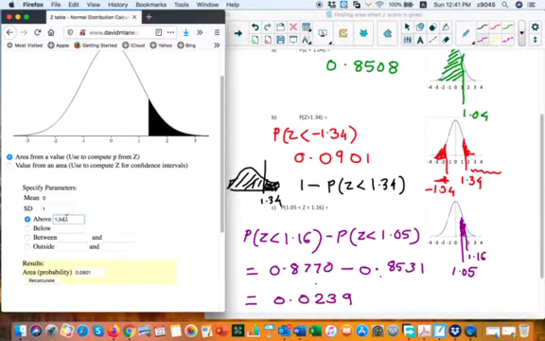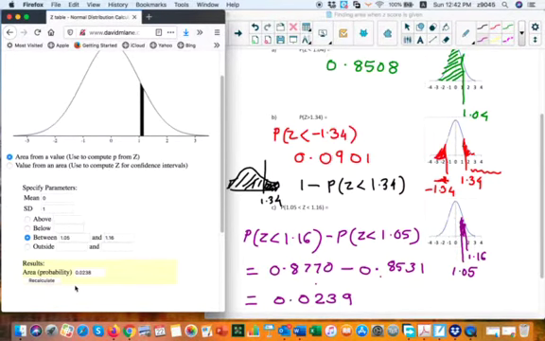We have the value in between 1.16 and 1.05. Recalculate. I should write the lower value first actually, 1.05, and then the upper value, which is 1.16.